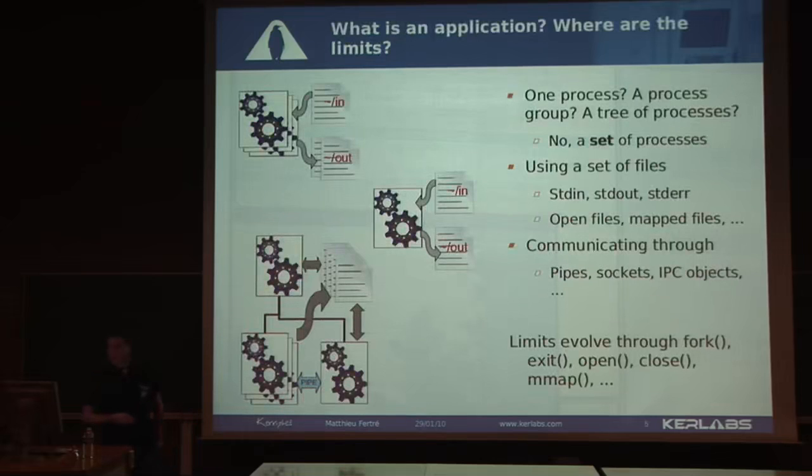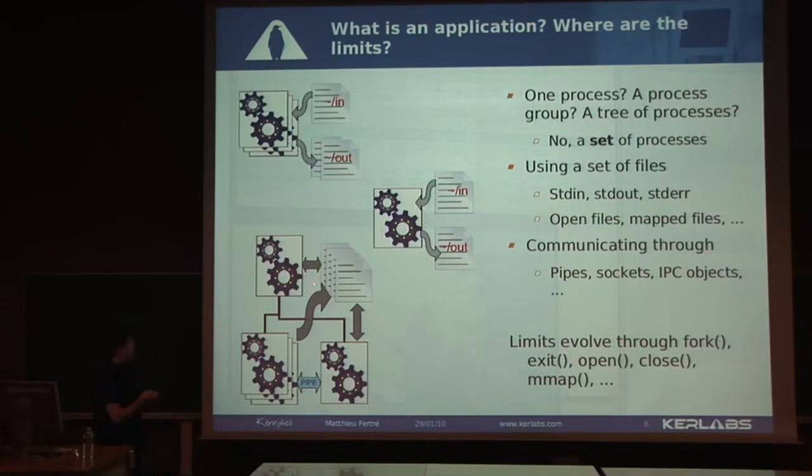Now, okay, so what is an application? All checkpointers do not have the same concept of application. For other checkpointers, an application is only one process. In Kerrighed, an application is not one process, it's not one process group, it's not a tree of processes, but it's a set of processes.